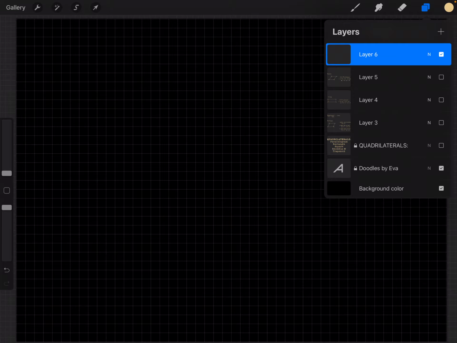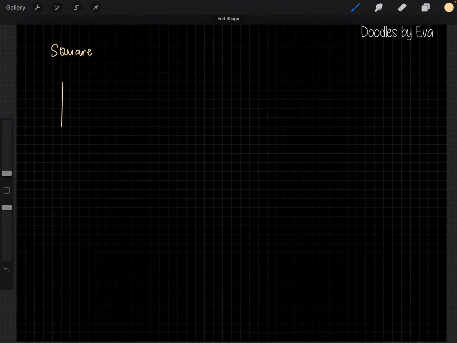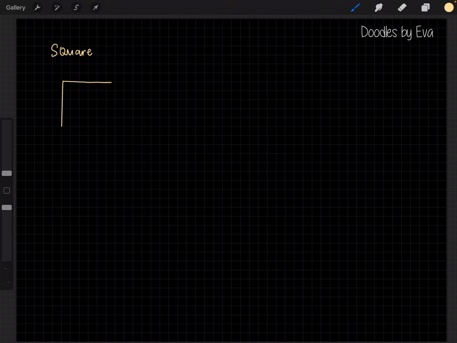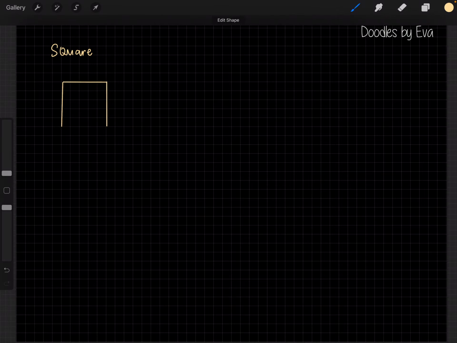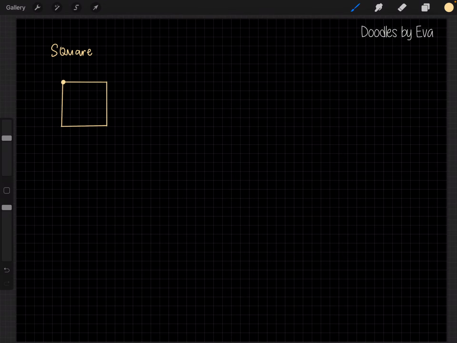And then we have the square. Okay, square. I know you guys know what a square looks like, but I'm still going to draw it. And then let's add some points for reference again. Then let's name these A, B, C, and D. So what are the properties of a square?